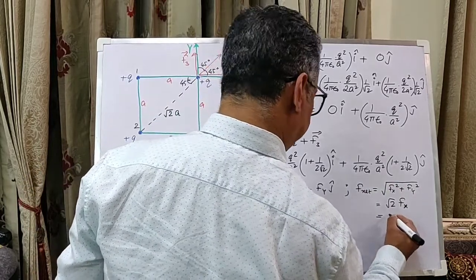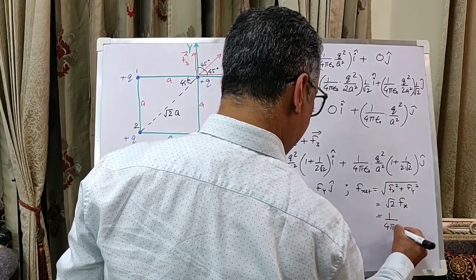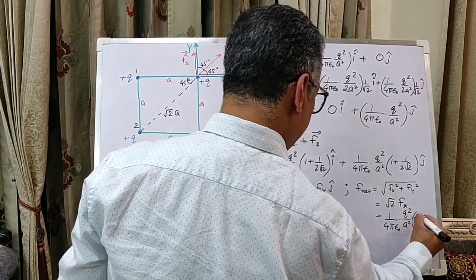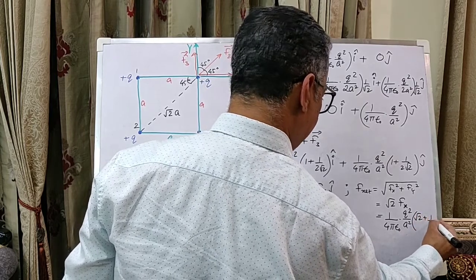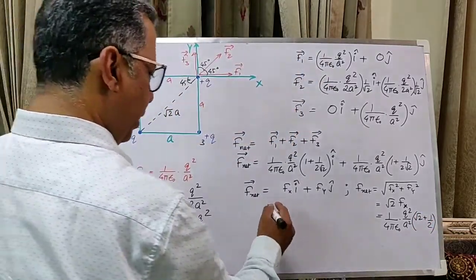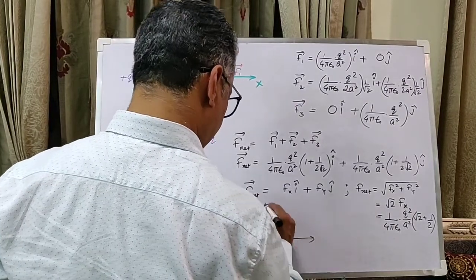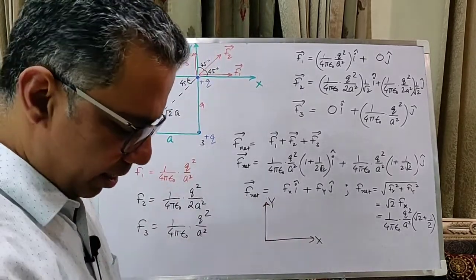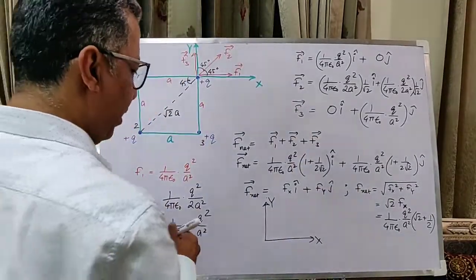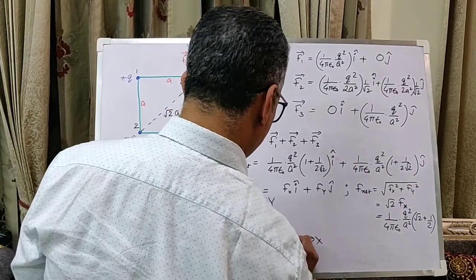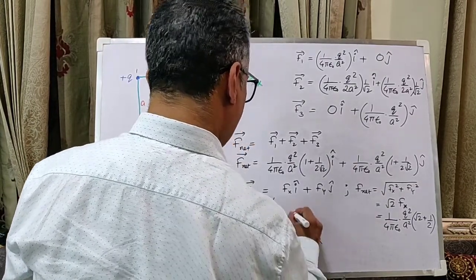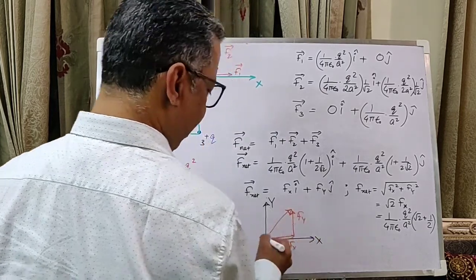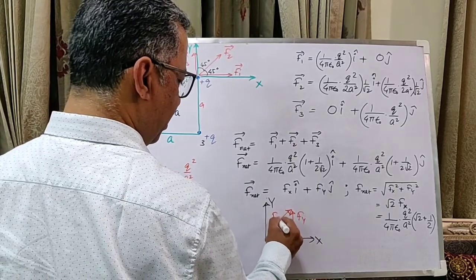So we have 1 by 4 pi epsilon naught q square by a square times root 2 plus 1 by 2. That's the magnitude. Also, this is the x-axis, this is the y-axis, and we have equal magnitudes of Fx and Fy, and the vector sum of these two is the resultant F net.